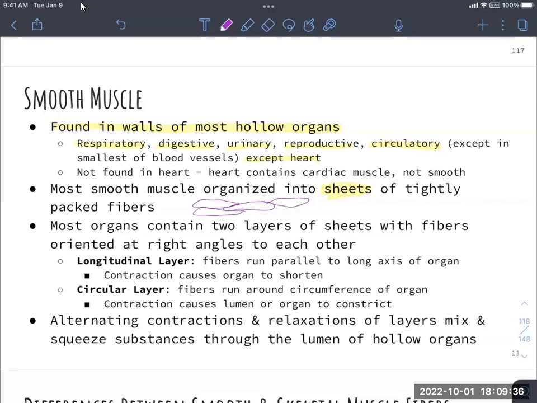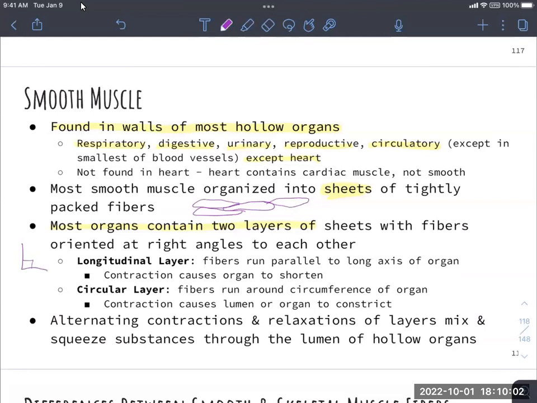Because the smooth muscle is in sheets, most organs tend to have two layers of these sheets, and they're kind of oriented at like a right angle to each other. Right angle is at about 90 degrees to each other.